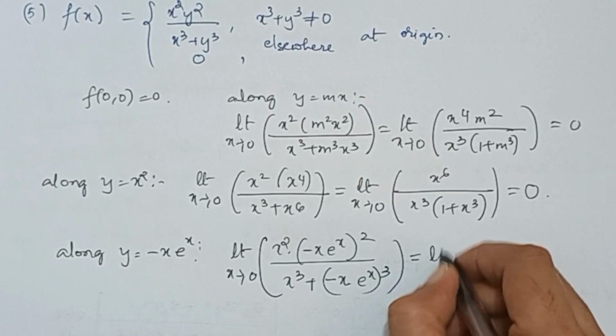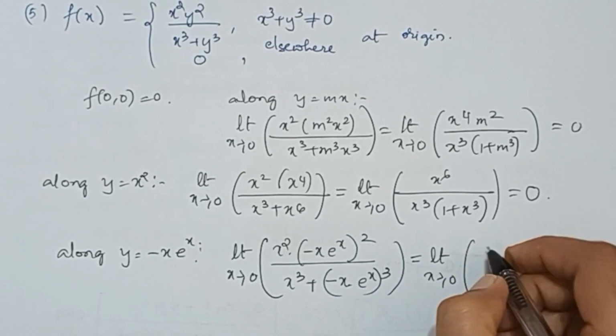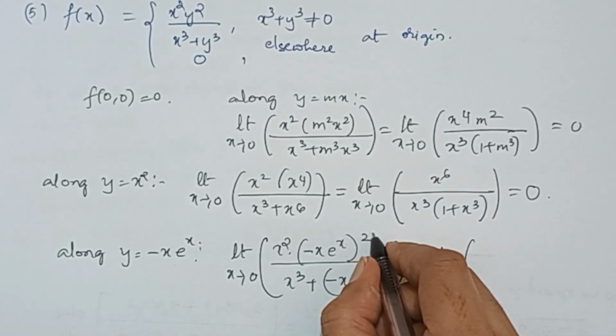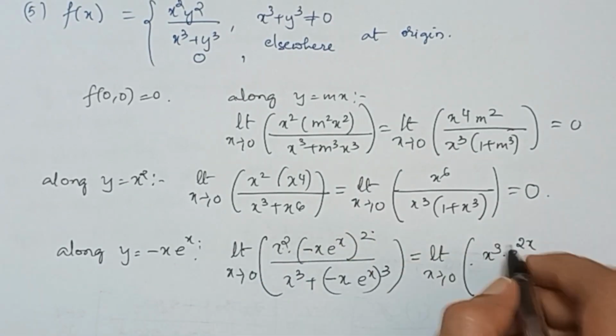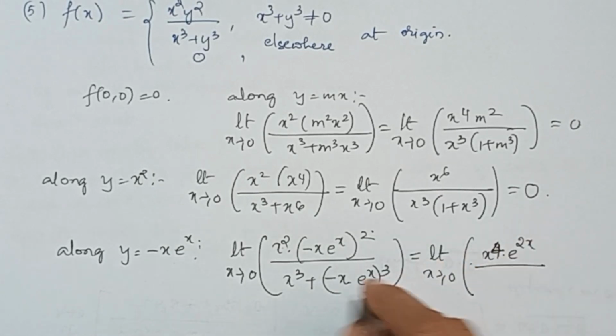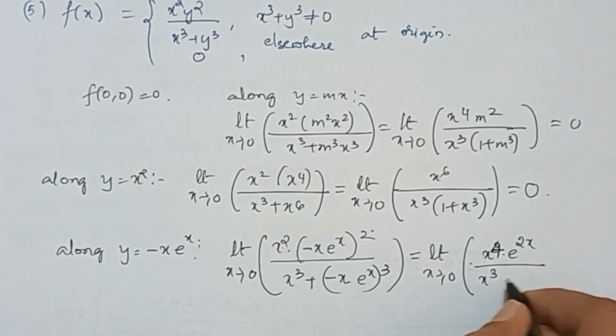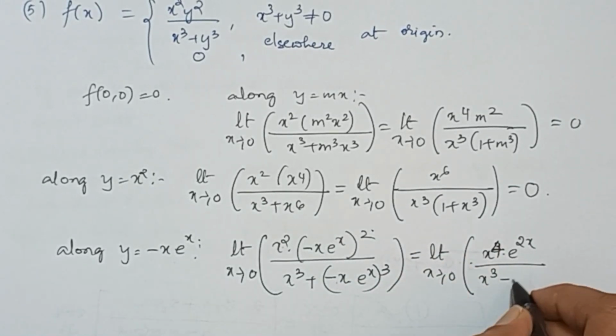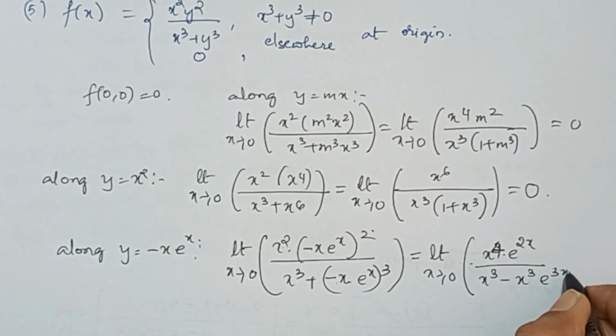This is equal to limit as x tends to 0. So minus of minus is plus, because there is a square, x square into x square, it is x to the power 4 into e to the power 2x, divided by x cube minus x cube into e to the power 3x.